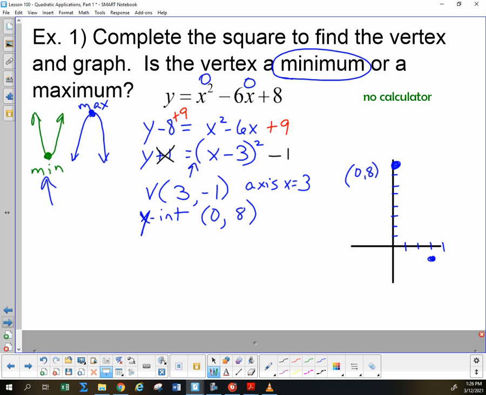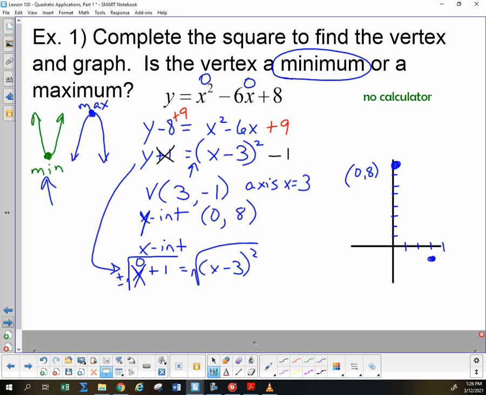If I wanted to get my x-intercepts, I could take this y plus 1 equals (x minus 3) squared, take the square root to get rid of the square. With y as 0, I'm looking at the plus or minus square root of 1, which is 1, equals x minus 3 without the square.